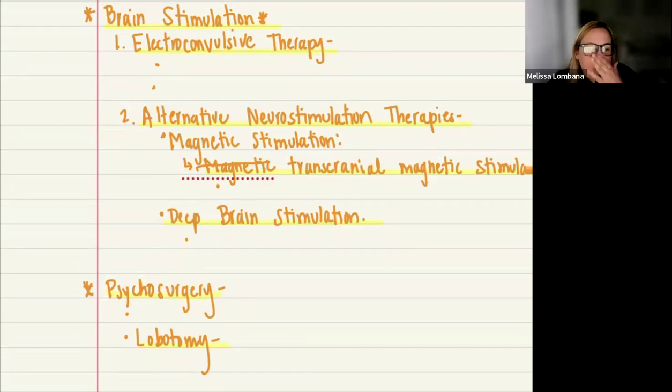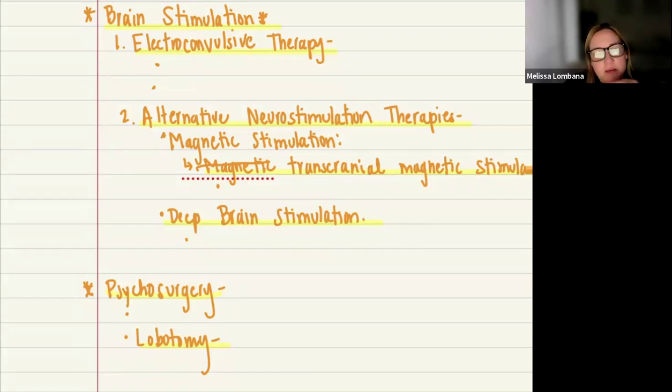This is where they apply repeated pulses of magnetic energy to the brain, okay? And they use this to stimulate or suppress certain brain activities, okay? And then they say that this will help grow specific neurons, okay? And this is also used to reduce symptoms of depression, all right?